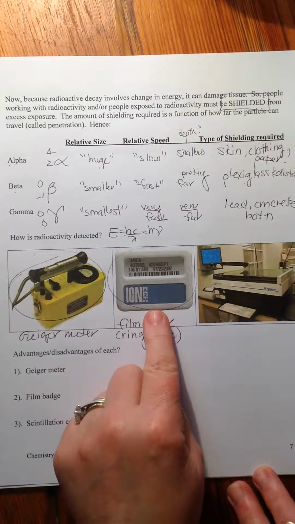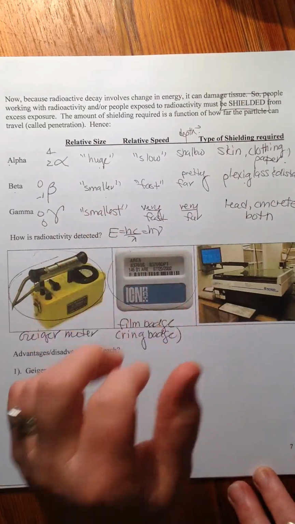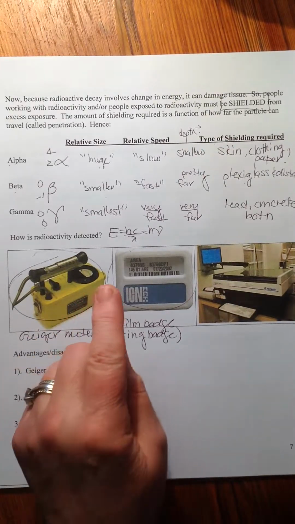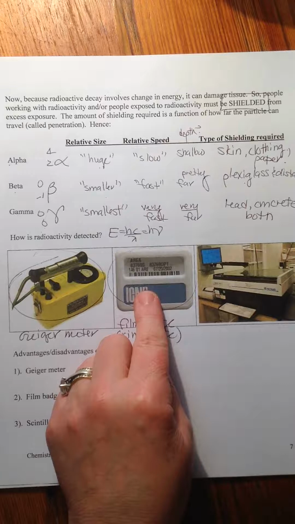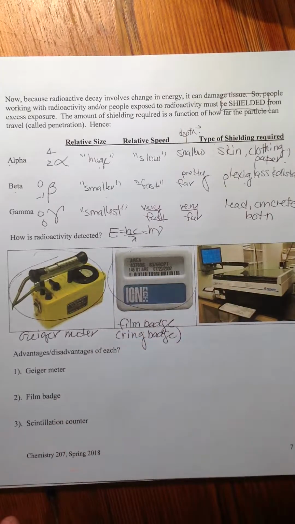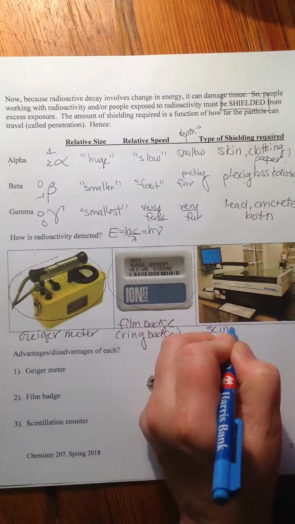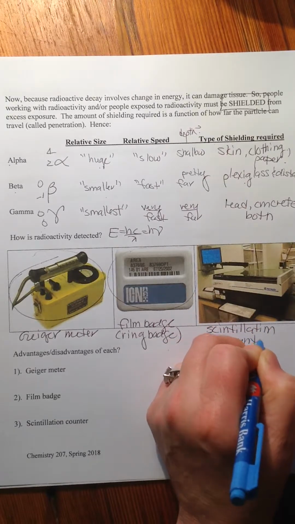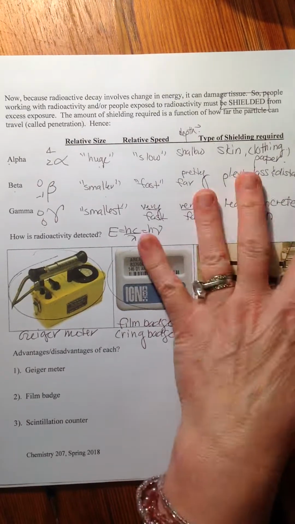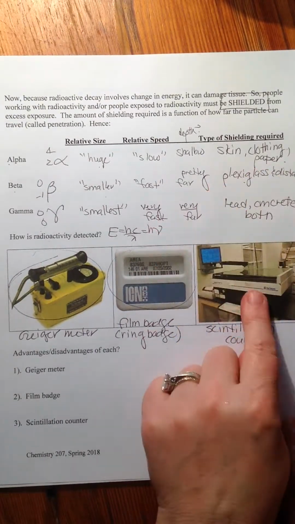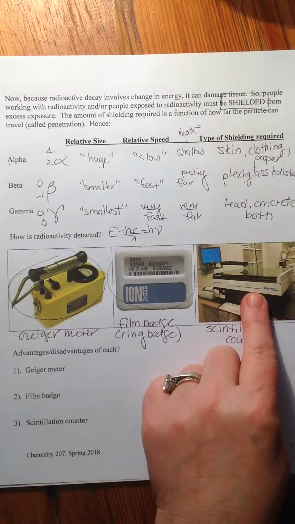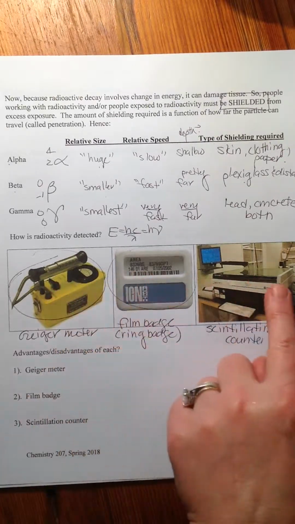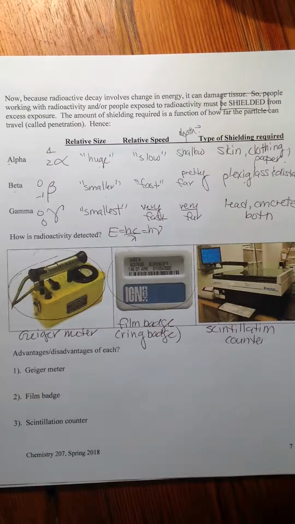So a film badge picks up flashes of light and it quote-unquote reads the number of nuclear events based on the flashes that it sees. Over here we have something called a scintillation counter. Okay, and a scintillation counter also detects flashes of light, but it's far more specific and sophisticated than a film badge. Now each of these will have their advantages and disadvantages.